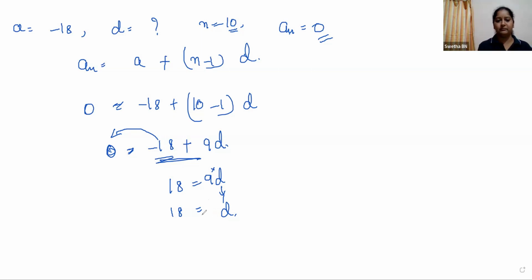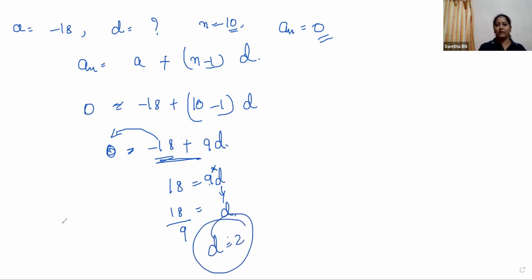It becomes 18 by 9. Here we are multiplying 9 into D, so it comes to the denominator as division. So D is equal to 2. So the common difference is equal to 2.